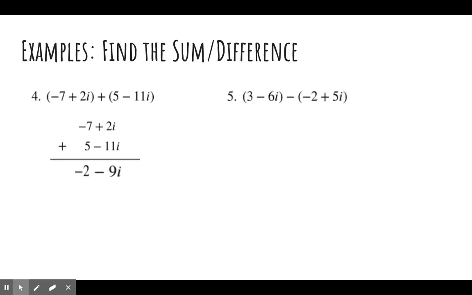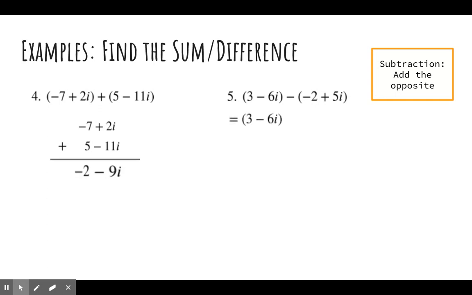Now let's look at finding the difference. We have 3 minus 6i. We're going to subtract that with the complex number negative 2 plus 5i. Keep in mind that subtraction is the same as adding the opposite. So we're going to keep the first complex number the same.